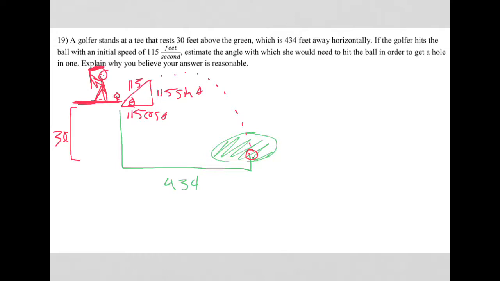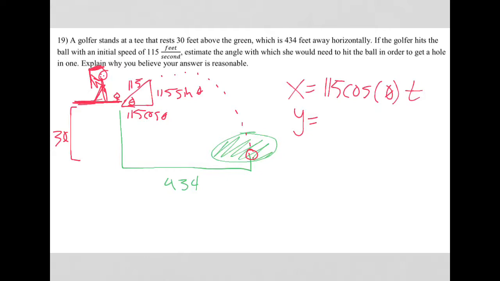So let's go ahead and write this parametric equation. Again, just like the last two problems, x is going to equal the horizontal component of velocity, 115 times the cosine of theta times time. And y is going to equal the vertical motion model, which we've used all year long.